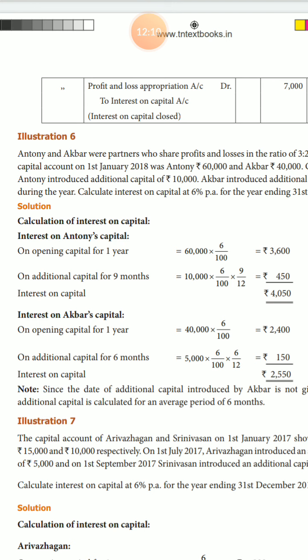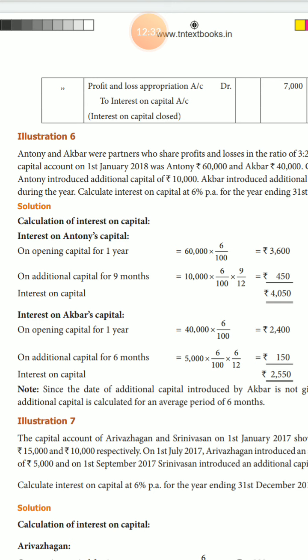Akbar introduced additional capital of 5000 only, but which month did he introduce it? The date or month is not mentioned. Not mentioned means the month of introducing additional capital for Akbar is not given.